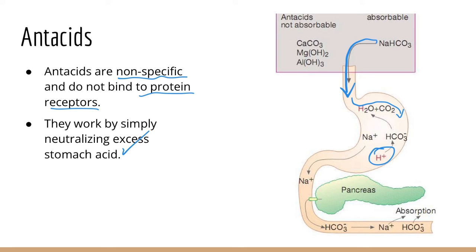This example here shows the bicarbonate anion picking up a hydrogen, and that's forming water and carbon dioxide gas. The rest of it goes down as waste through our system. But keep in mind, this CO2, any of these carbonate type of antacids can produce a lot of gas, which is kind of uncomfortable as well.